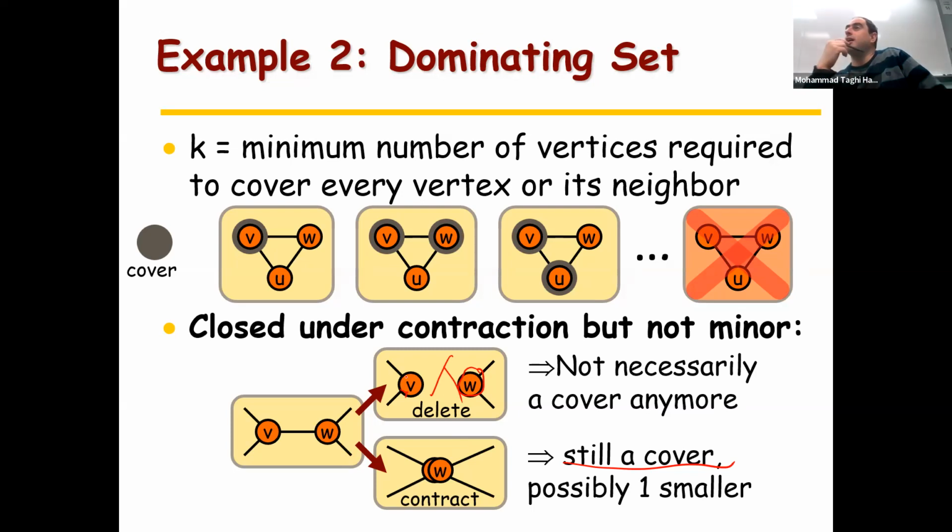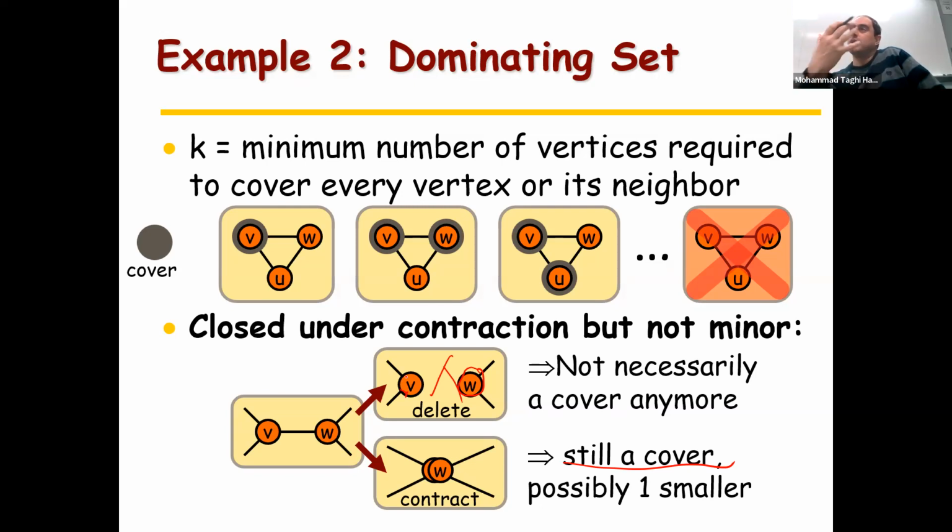So it is not closed under deletion, only closed under contraction. That was the whole idea of bidimensionality theory: we consider this as a problem in the theory of contraction instead of just minor. And of course, if the problem is minor closed, it is also contraction closed because it satisfies both.